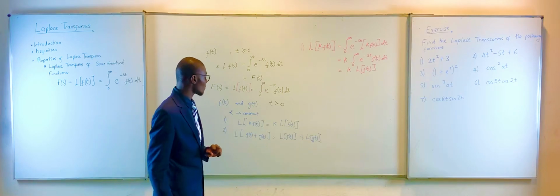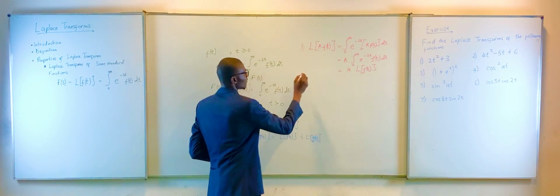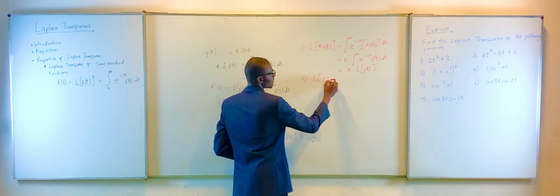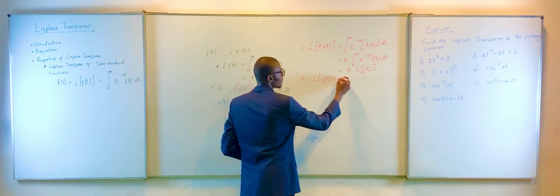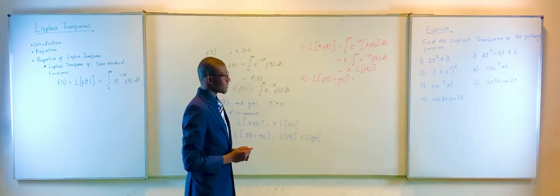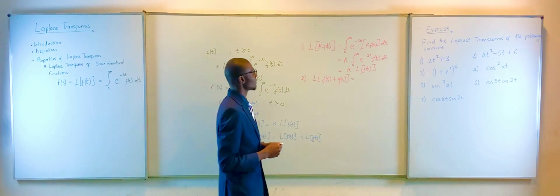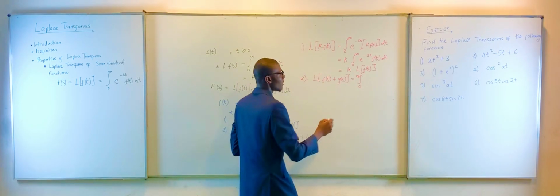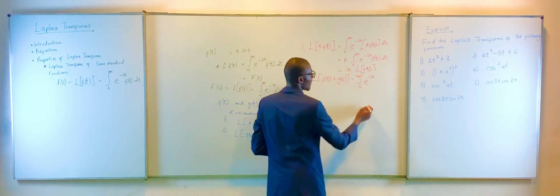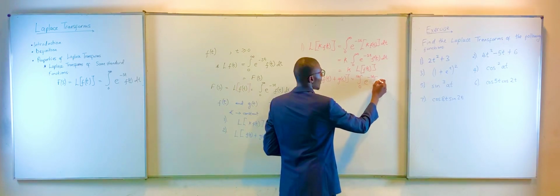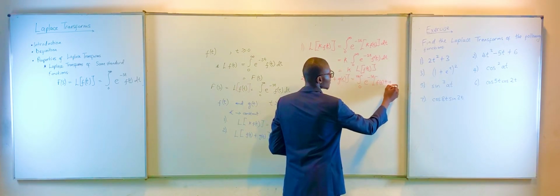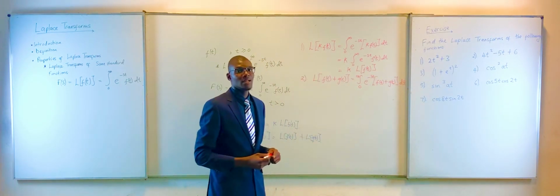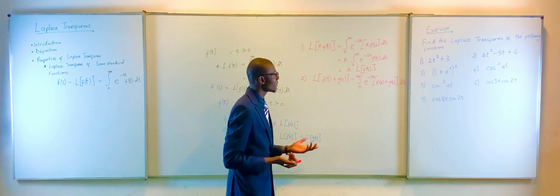And now proving the second one. For the second one, we've got the Laplace transform of f of t plus g of t, right? So proving this from the definition, this is equal to the integral from 0 to infinite of e to the power minus st multiplied by f of t plus g of t dt.